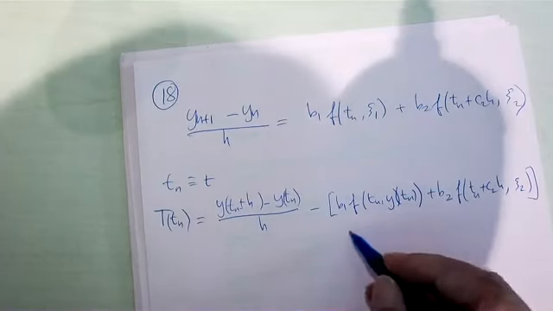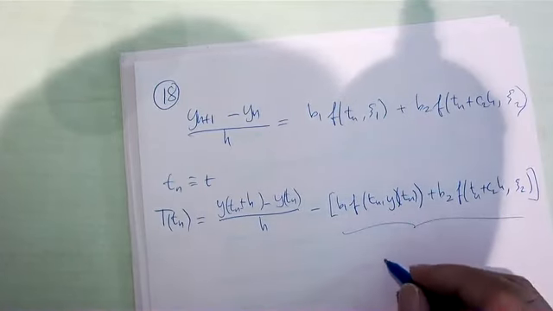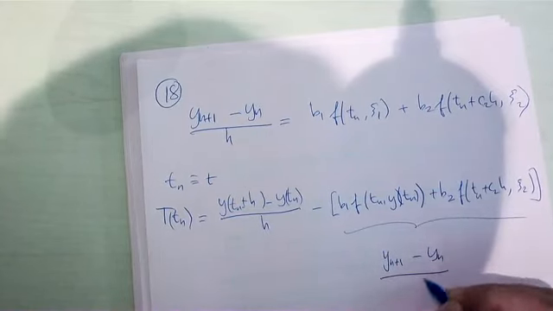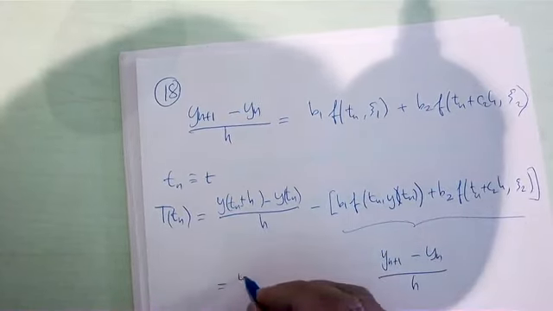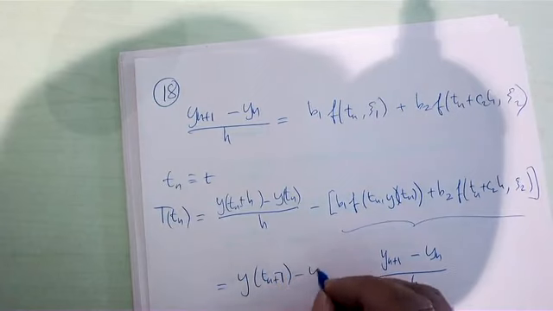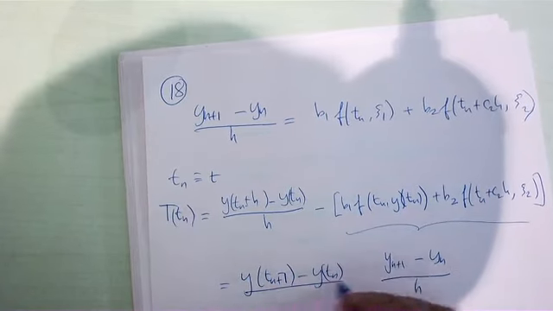Then you see that this one is nothing but (y_{n+1} minus y_n) over h, so this one is (y(t_{n+1}) minus y(t_n)) over h.